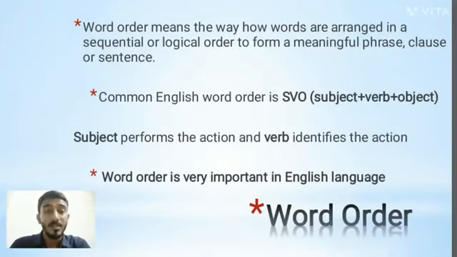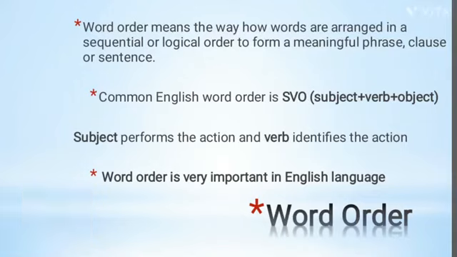Then let us see what a word order is. Word order means the way words are arranged in a sequential or logical order to form a meaningful phrase, clause, or sentence. You know what? In Malayalam, even if you rearrange or shuffle the word order, you'll get the meaning of that sentence.